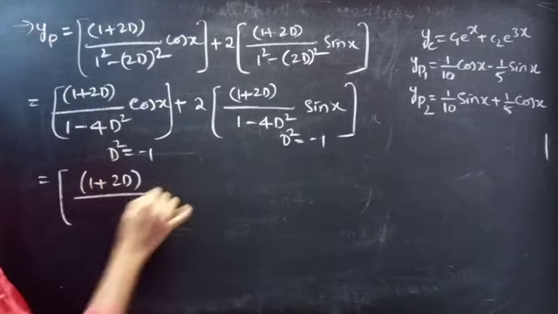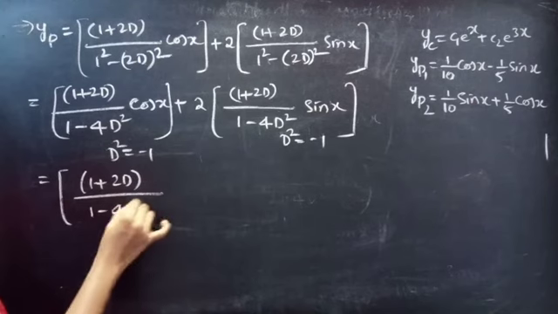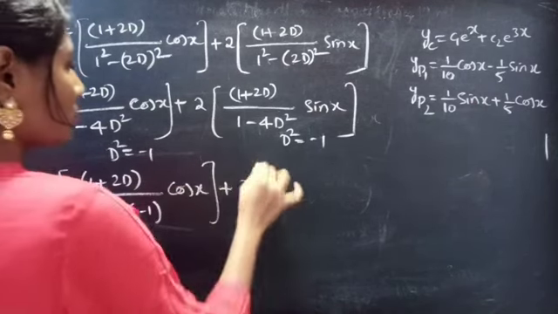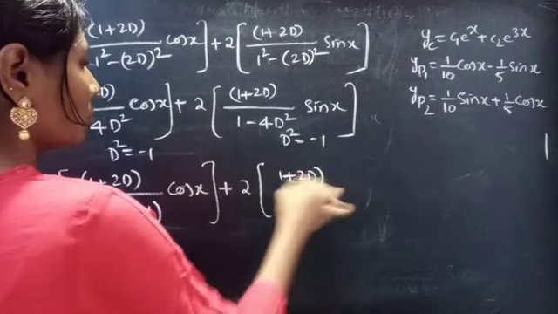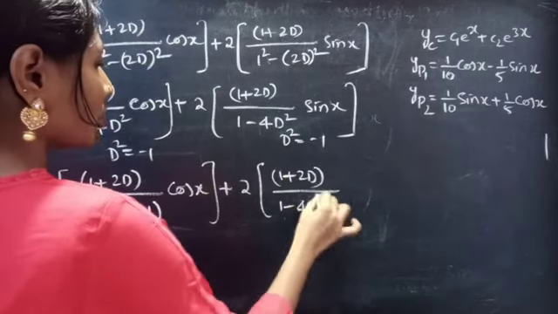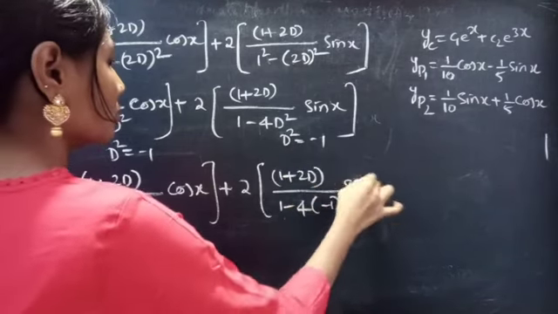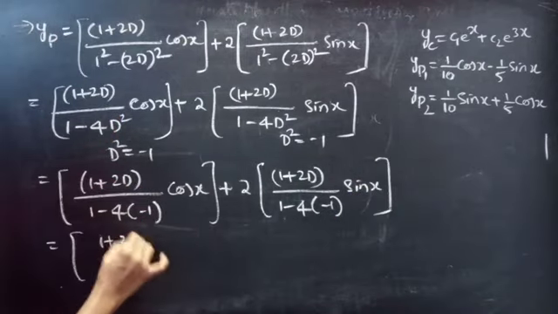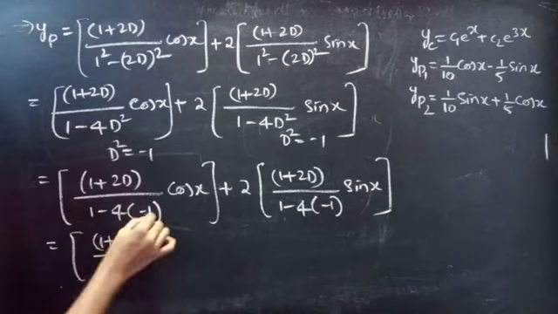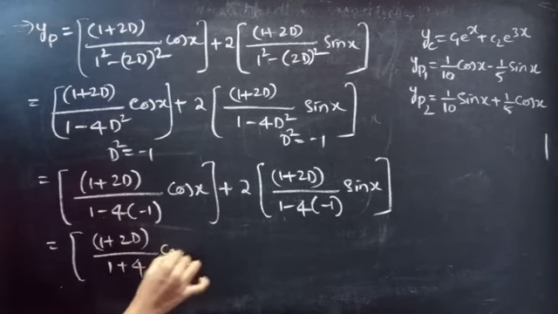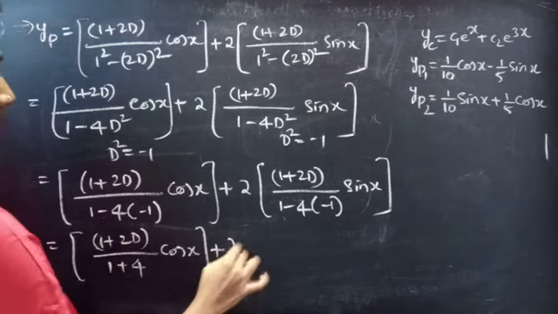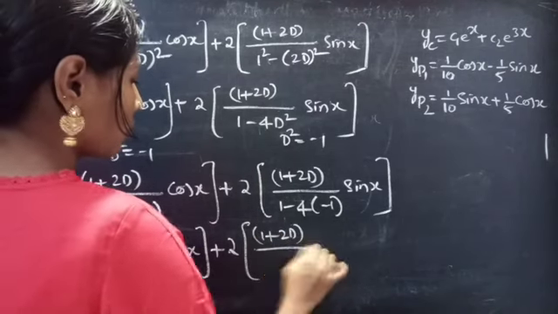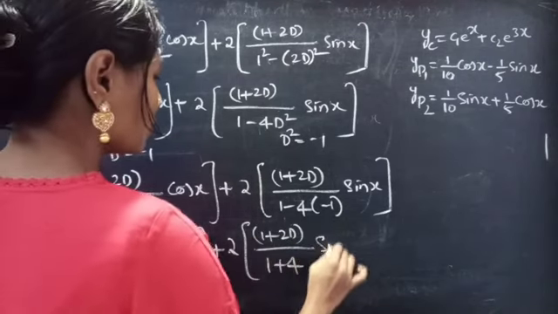Then we'll get 1 plus 2d by 1 minus 4 into minus 1 into cos x plus 2 into 1 plus 2d by 1 minus 4 into minus 1 into sine x, which is equals to 1 plus 2d by 1 plus 4 into cos x plus 2 into 1 plus 2d by 1 plus 4 into sine x.